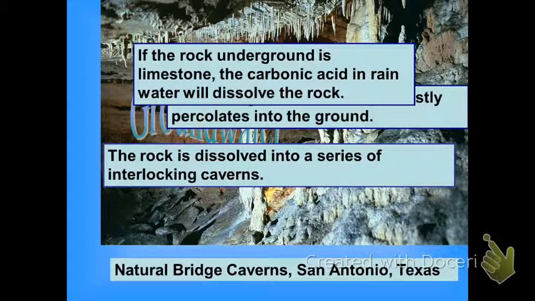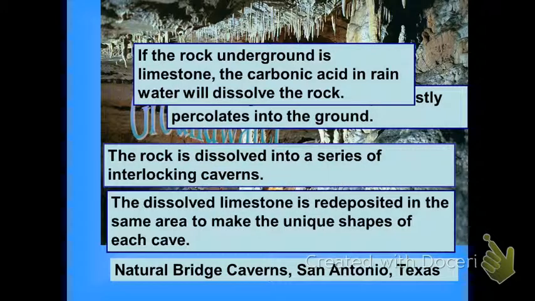In this case, this rock was dissolved. Series of caverns. It's amazing to go look at. And after it's dissolved, it will redeposit. It will form the stalactites, the stalagmites. All these great cave features that people pay their hard-earned money to go look at.